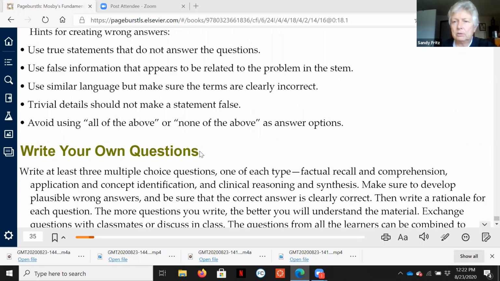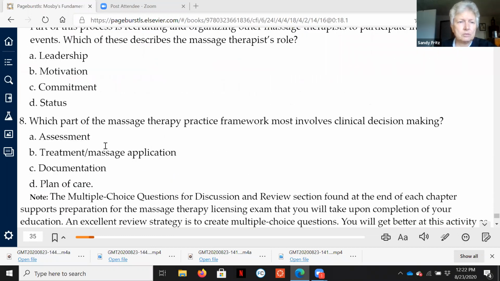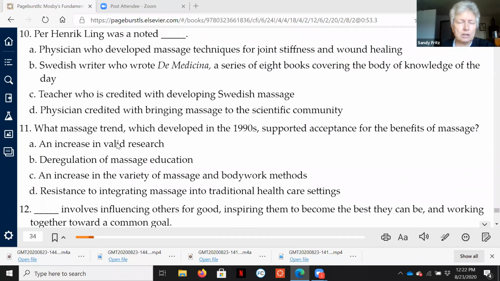And what we will do at Health Enrichment Center is I'll give you various directions about a group activity that would involve this, or posting your written questions on the discussion platform or something like that. We'll do various things with this. So let's go back up to this question and take a look at them now.